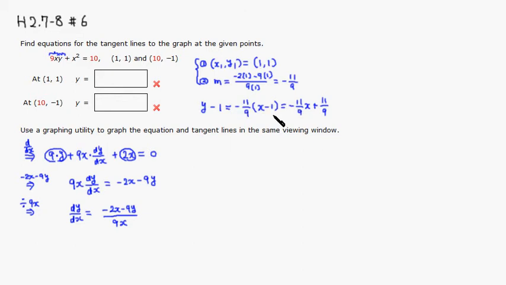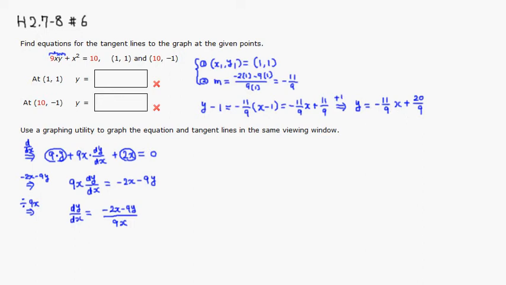Then we add 1 to both sides, and we get y equal to negative 11 over 9 x plus 20 over 9. So that's the first equation.